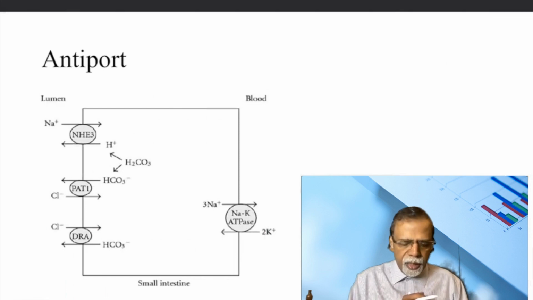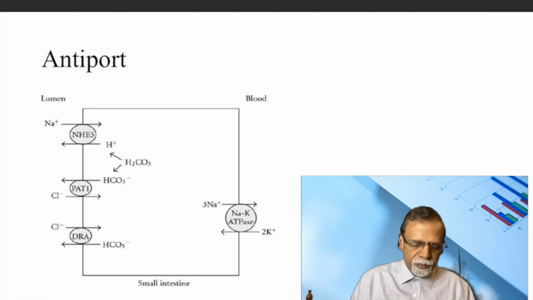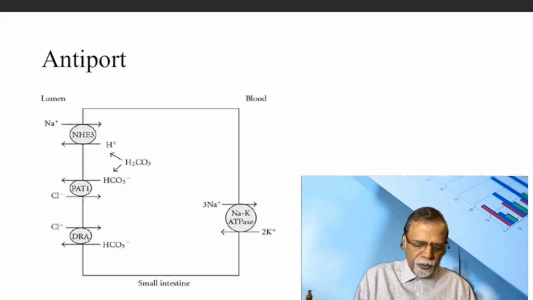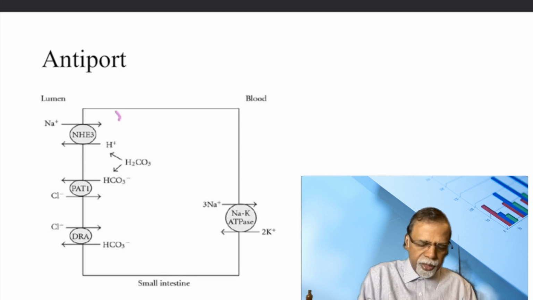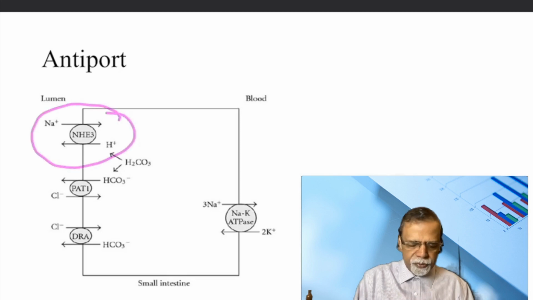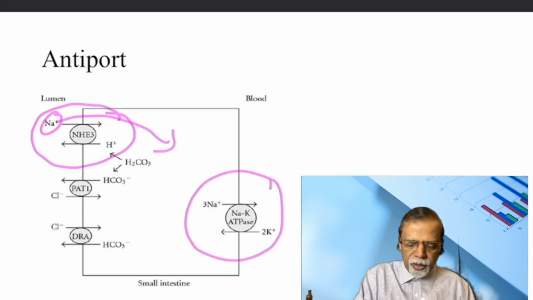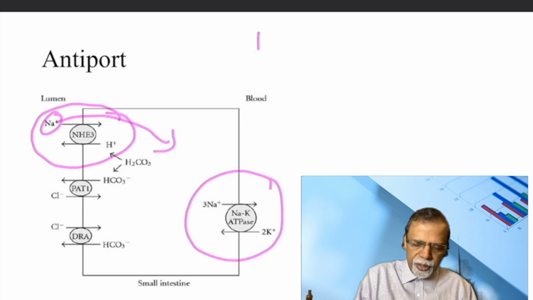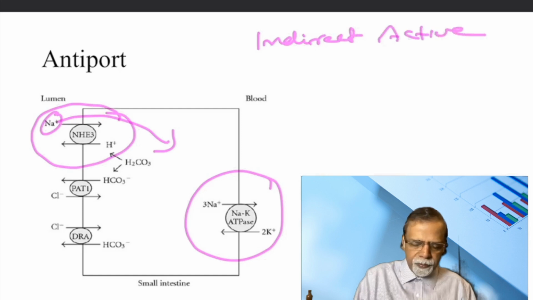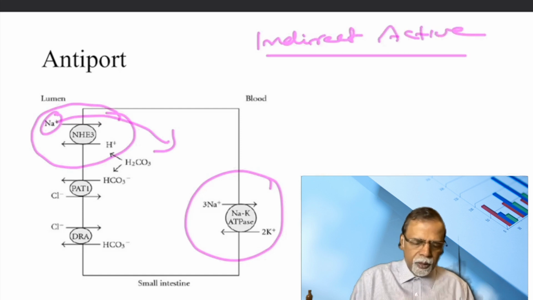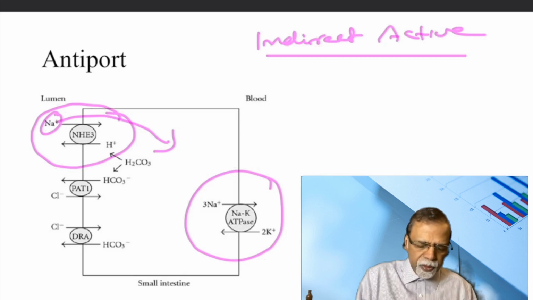So we look at an example of an antiport. This occurs in the kidney tubules. There is a sodium-hydrogen exchanger. In the lumen sodium is more, so along the concentration gradient sodium gets inside, and the sodium gradient is produced because of the sodium-potassium pump. So it is an indirect active transport, and along with it the hydrogen ions move out.